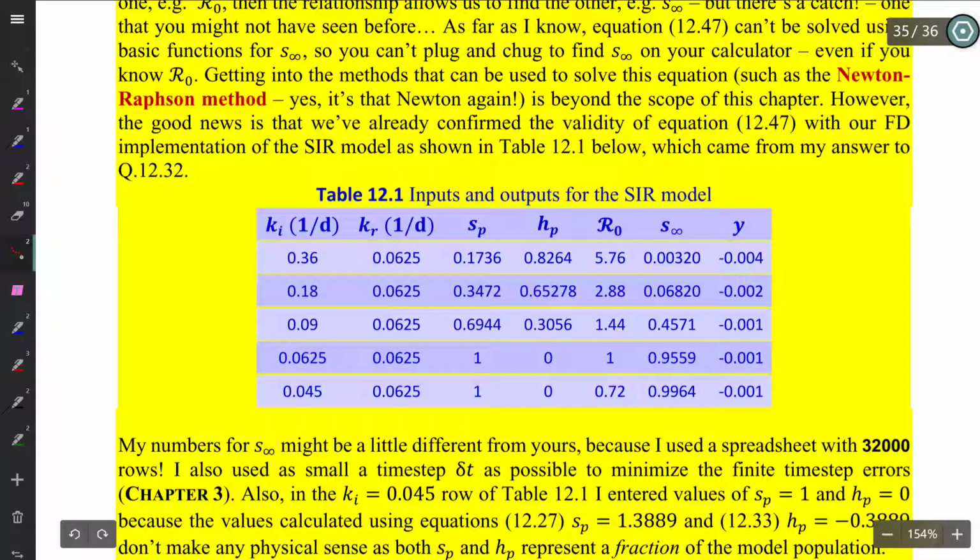And we also have over here some other quantities that are worth talking about. R naught can be any value, right? It can be bigger than 1 or smaller than 1. But the herd immunity critical threshold has to be a fraction. And so once you get to R naught of 1, the herd immunity threshold is 0.